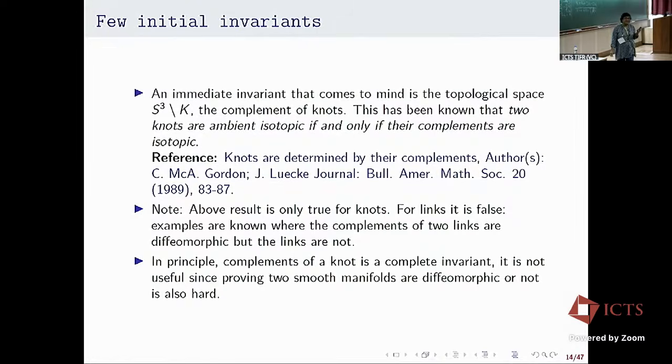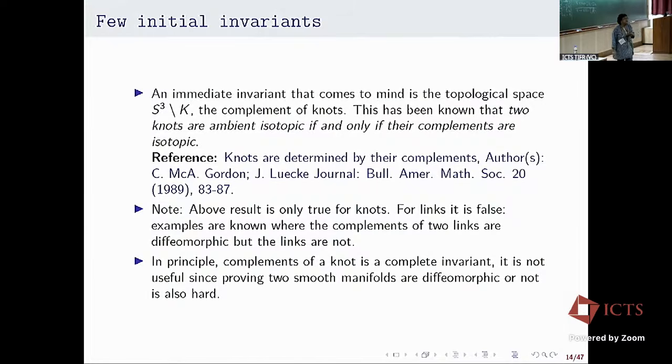And the result is, if the knots are equivalent, then their groups are isomorphic. So if you can prove that the groups are not isomorphic, then you at least know that the knots can't be equivalent.